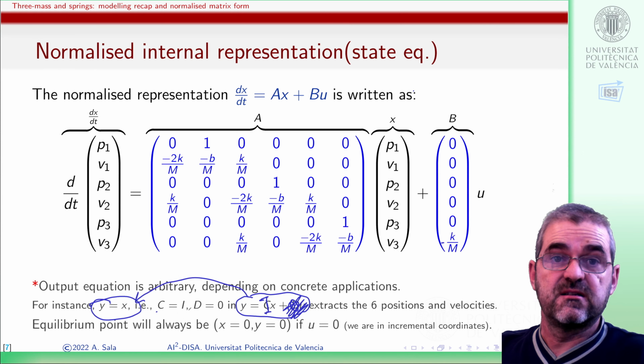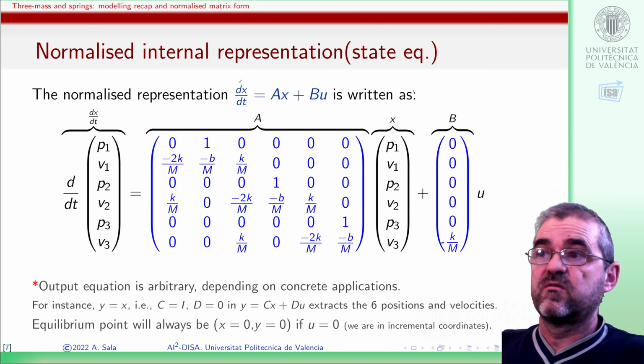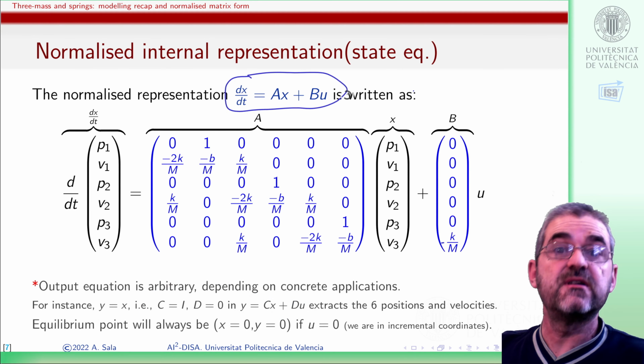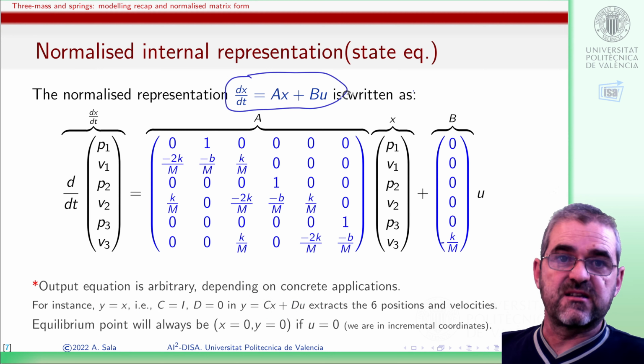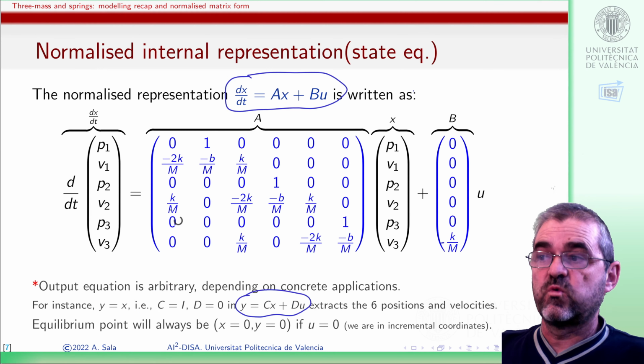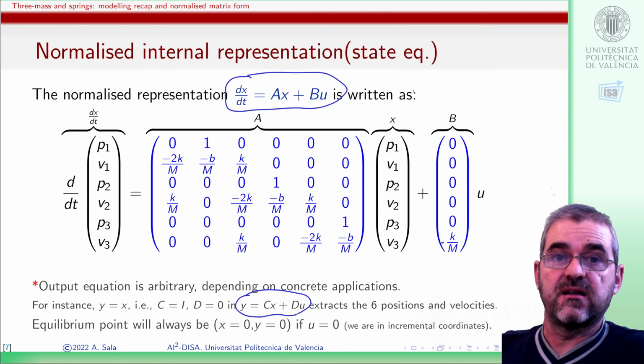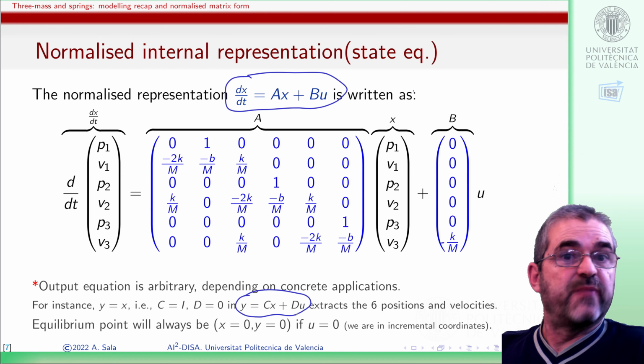But as I say, C and D are problem dependent because physics is encoded here, the dynamics, how things change with time, and then which of these 6 variables or combinations of them are of particular interest in my engineering problem is up to my choice.